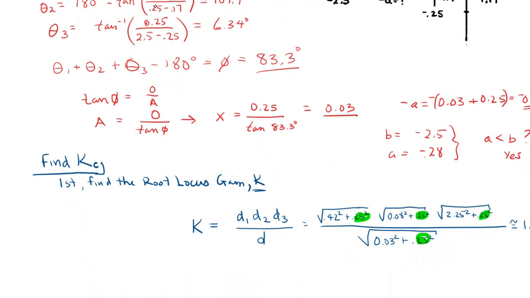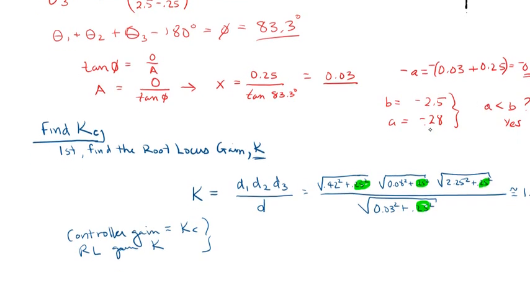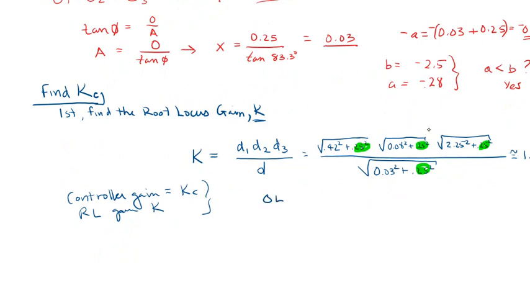Okay? So that gives us K. It does not give us Kc. Okay? The controller gain is Kc. The root locus gain is K. So what we have to do is we have to make sure we know which is which. So the way that we do that is we just do the open loop transfer function.